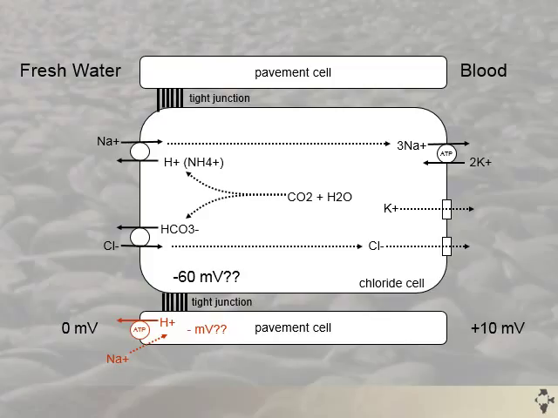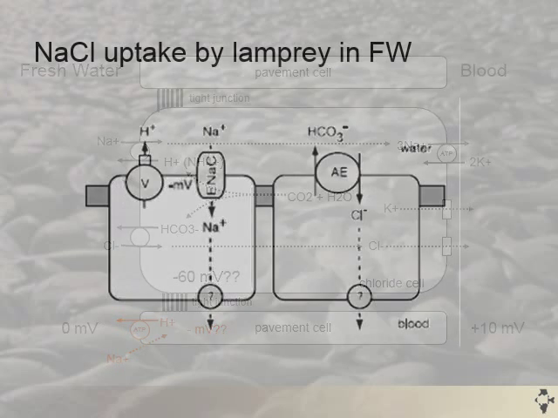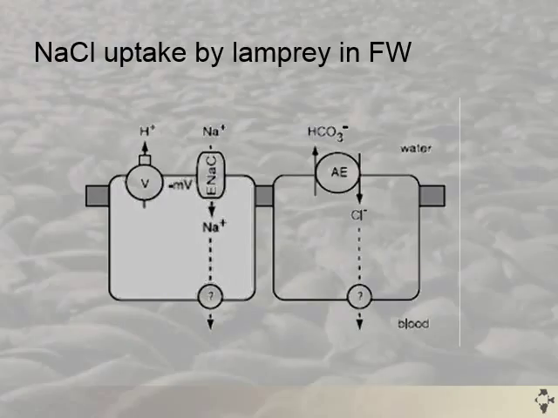So the electrical charge part of this is involved as well as the concentration gradients. And again, this is just another description of sodium and chloride uptake by lamprey that have adjusted to fresh water. So lamprey are diadromous, so we showed the previous slide showing how they export sodium and chloride in saltwater conditions, and in this case how they import those same ions in freshwater conditions.